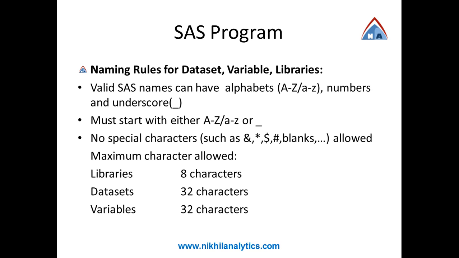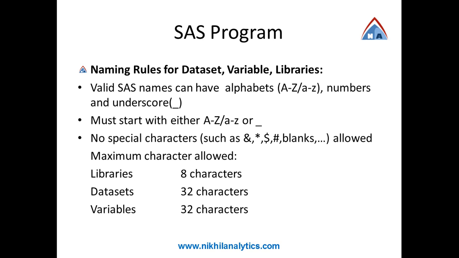A very important point in the naming rule is that a name must start with either a letter or an underscore. A name should not start with any number. No special characters are allowed in names, such as ampersand, star, dollar, hash, and even blanks are not allowed.